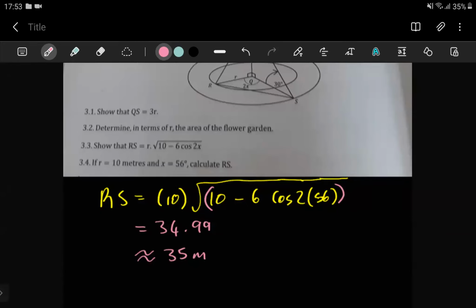And then times 10, wait, hold on. 10 multiplied by square root symbol 10 minus 6 cos 2 times 56. Yeah, I'm getting 34. But let me show you what I put in the calculator.